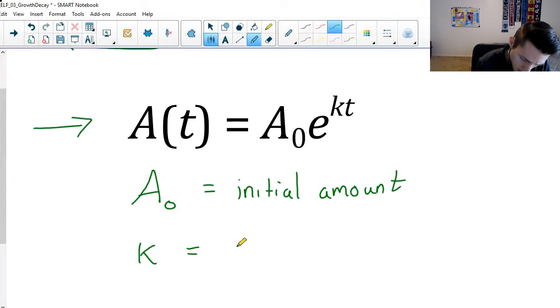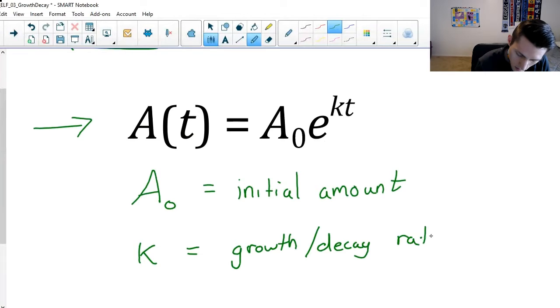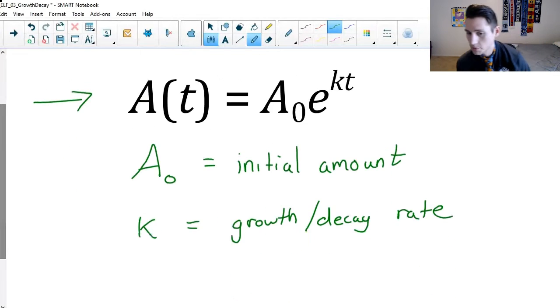K is the growth or decay rate. Depending on which we're talking about, it could be the rate that's growing, the rate that it's decaying. And again, we want it to be a decimal.